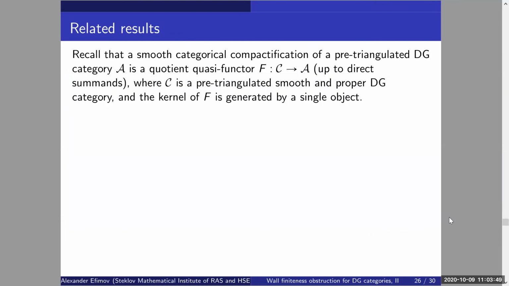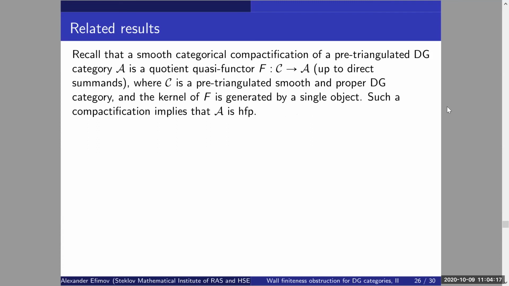Okay. Now about compactifications. A smooth categorical compactification of a DG category is just representing it as a quotient of some pretriangulated smooth and proper DG category, so the kernel is generated by a single object. Existence of such a compactification implies that A is homotopically finite.